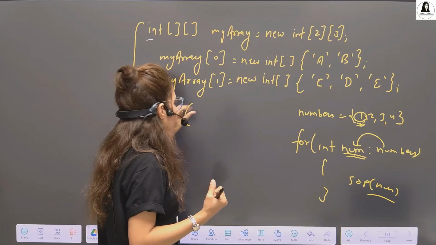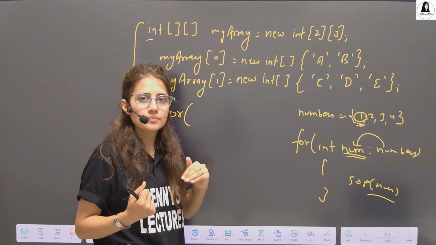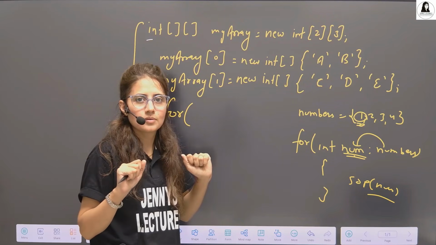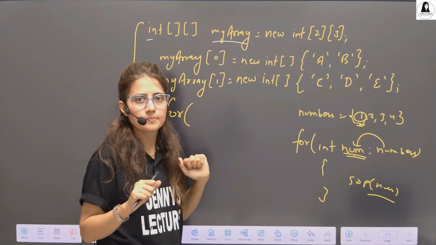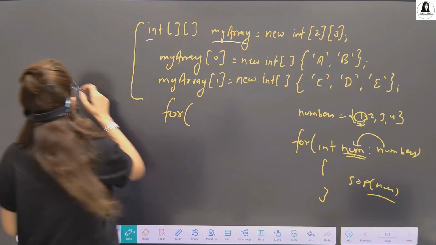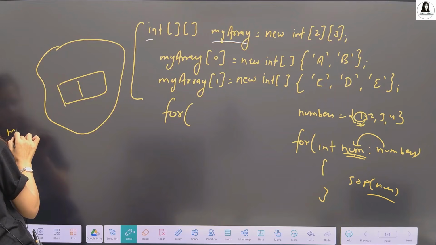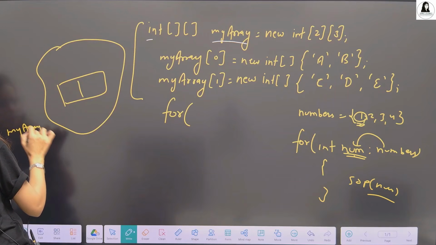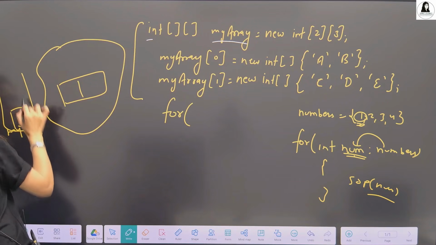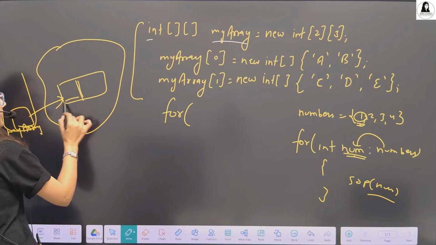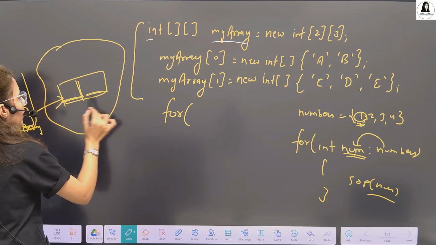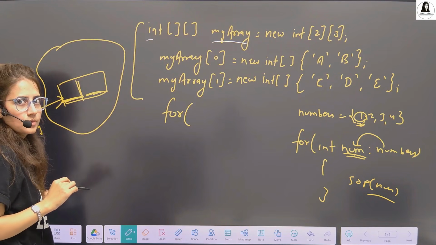So there would be two loops for a 2D array to print its elements. The first loop will have individual rows from this my array. Like this is the memory, and here it will have two. This is my array in the stack, referring to this. So these are individual 1D arrays.